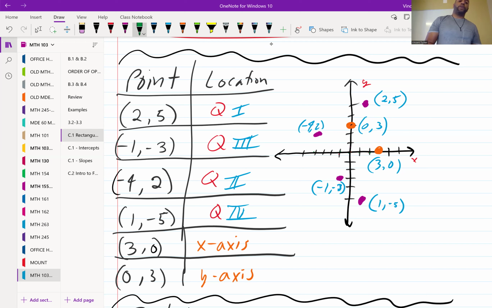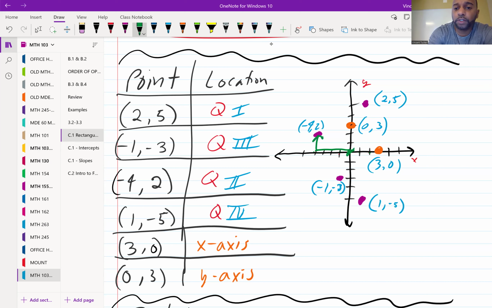The next one, -1, -3. Once again, starting at your origin. Go to the left one because it's -1, and then down 3. And that puts us in our third quadrant. -4, 2, the third point. Start at your origin. Go to the left 4 because it's negative, and then up 2.